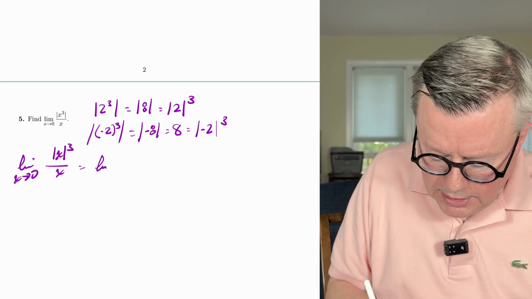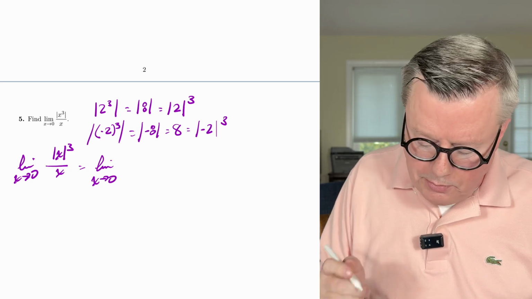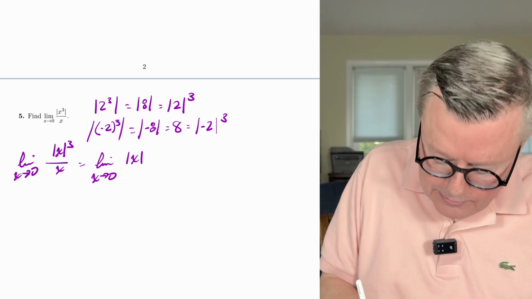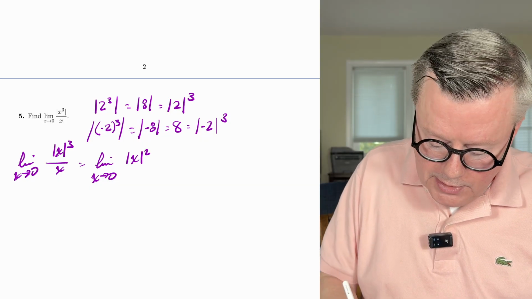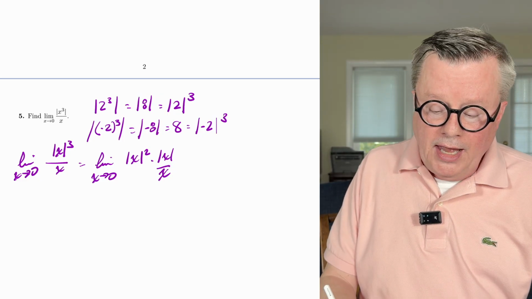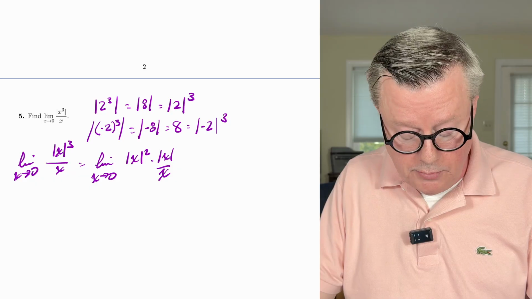This is the same thing as the limit as x goes to 0. I really want just a plain absolute value, so I'm going to rewrite this as absolute value of x to the second power times absolute value of x over x. And what do we know about squaring? It always gives us positive numbers, right?